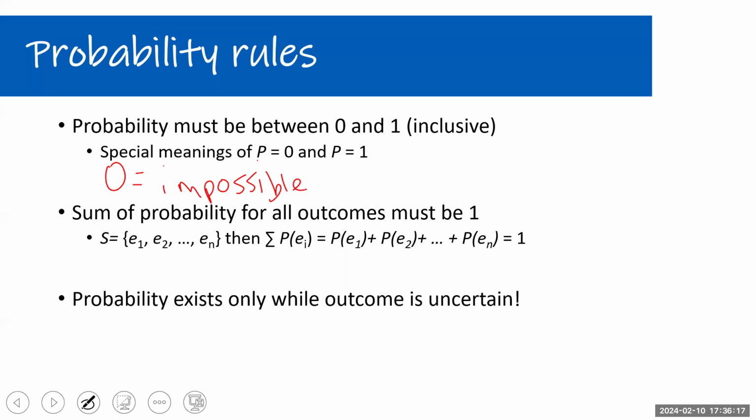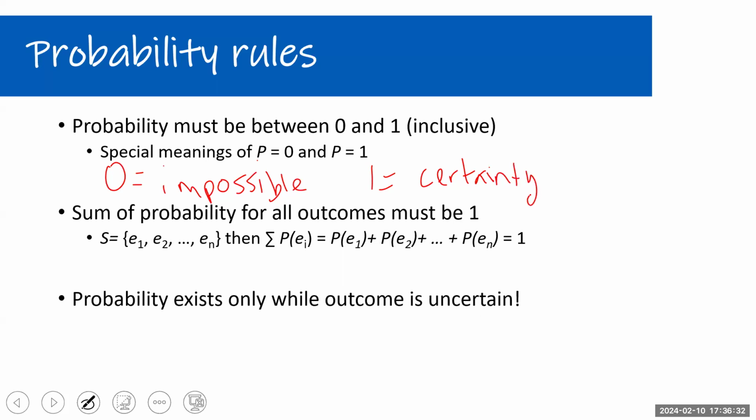A probability of 1 is a definite outcome. It is going to happen.